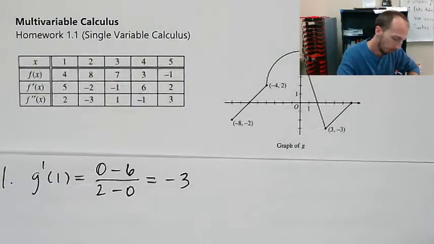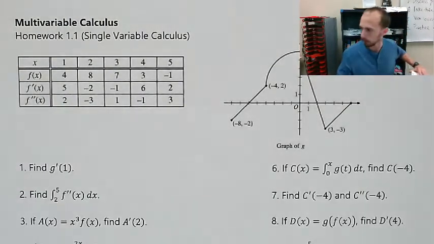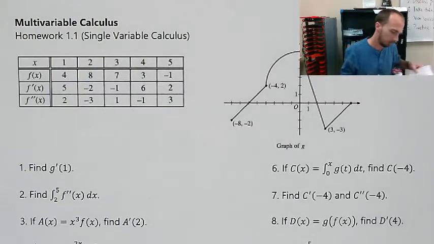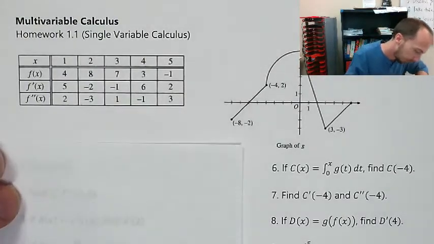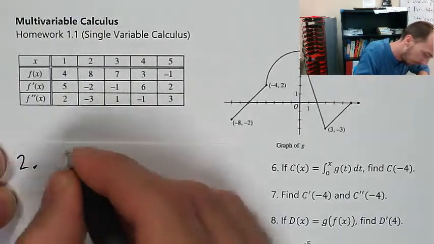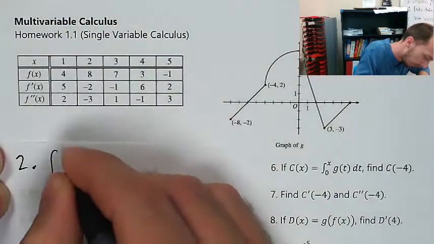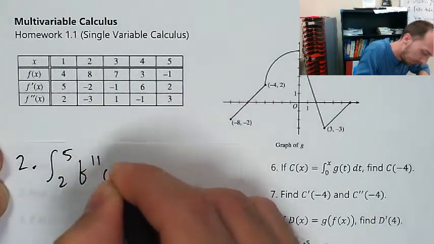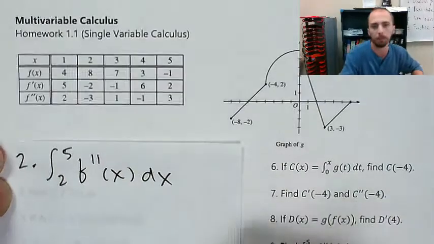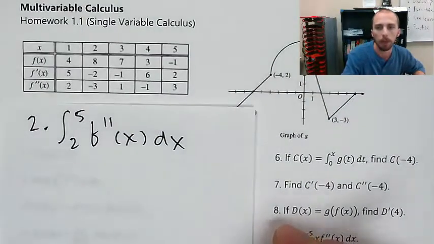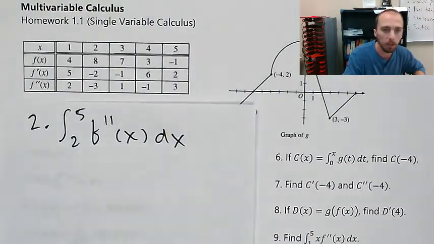Number 2, I'm just going to be copying these problems here. So for number 2, it's the integral from 2 to 5 of f double prime of x dx. Okay, and so we'll do that by first finding an antiderivative.